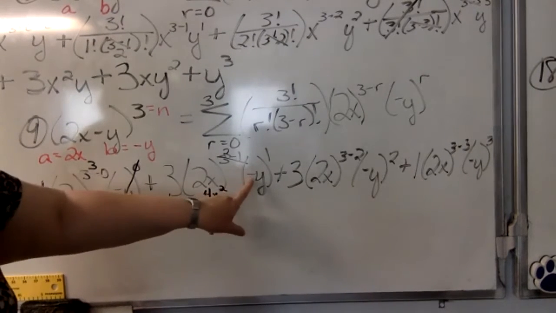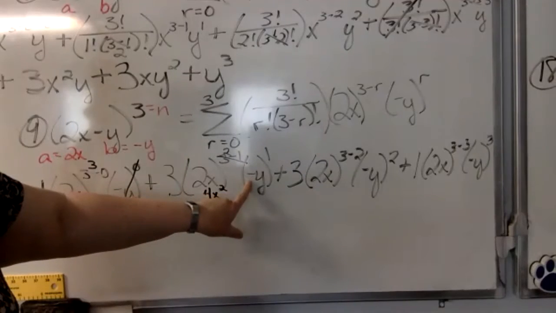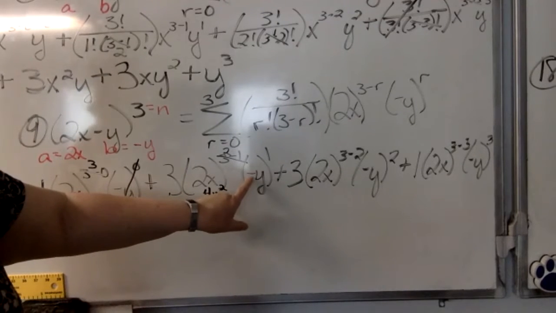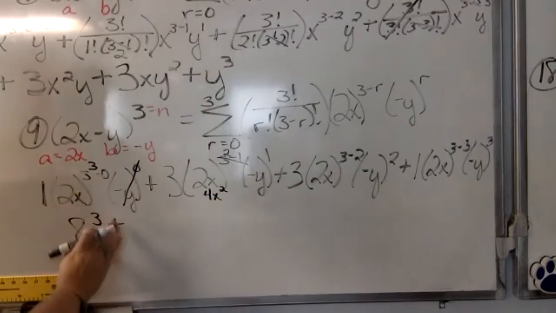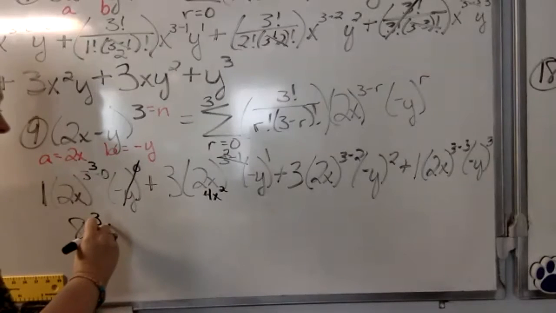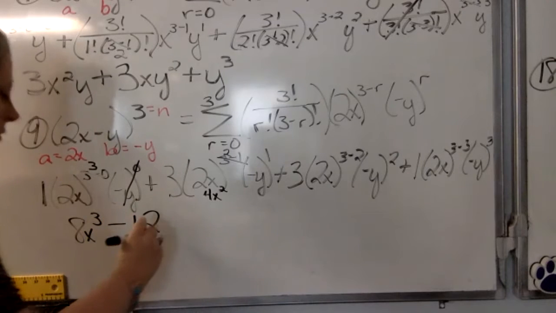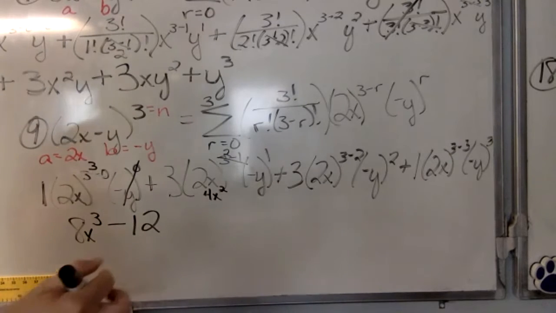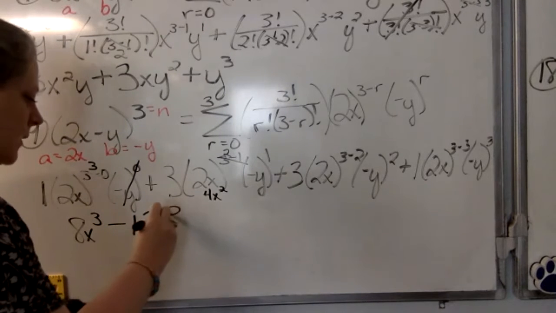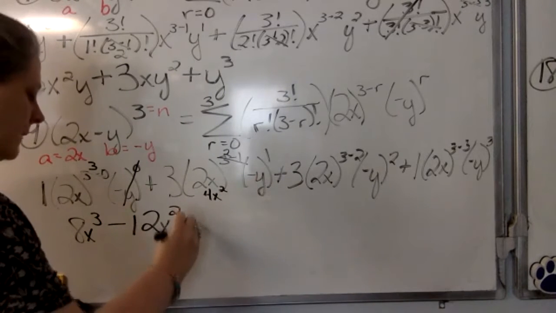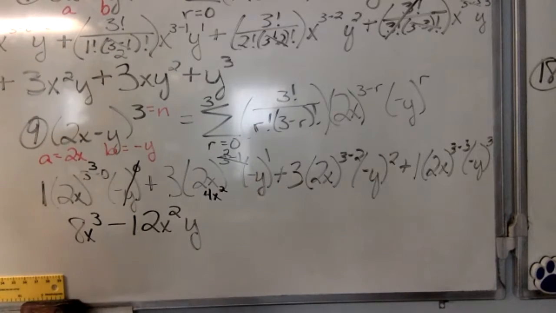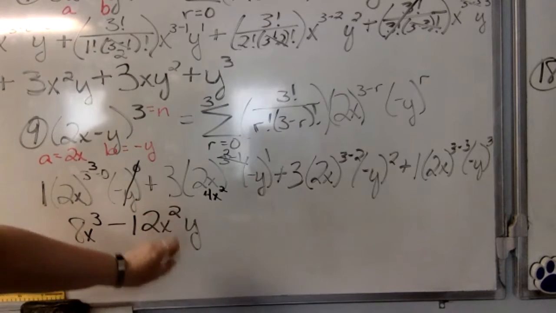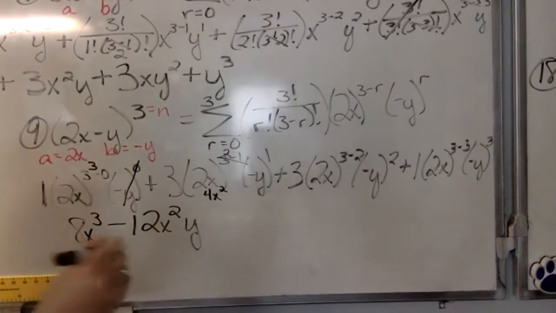This is going to make it a what type of 12? A negative. So instead of a plus, this one's going to have a minus 12, x squared and the y. Remember, you always have x cubed, then x squared y.